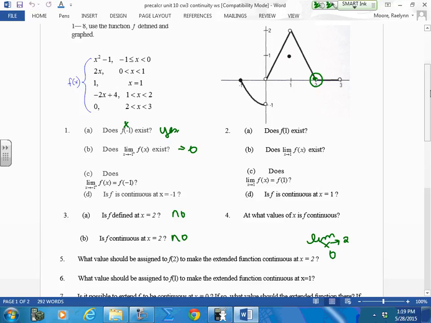So if I ignore the dot, is there still a limit here? Yeah, there's a limit. What's my limit? As x approaches 1, it would be 2. My dot doesn't play into that. It just makes it be a function because it passes the vertical line test.